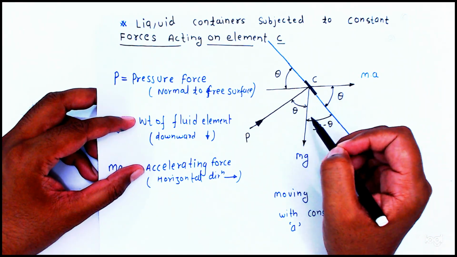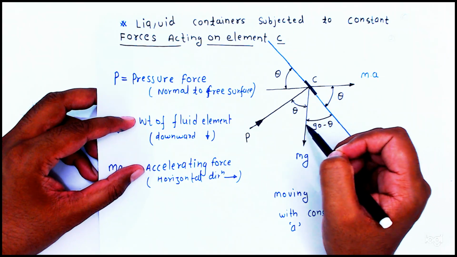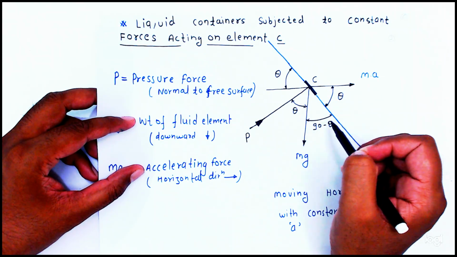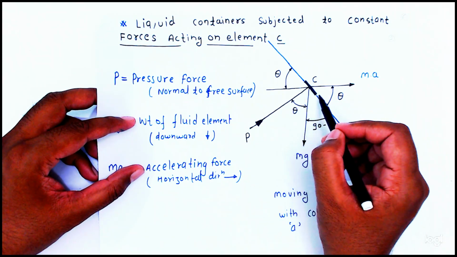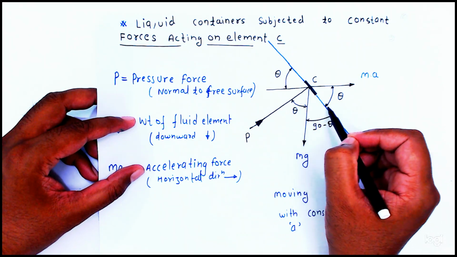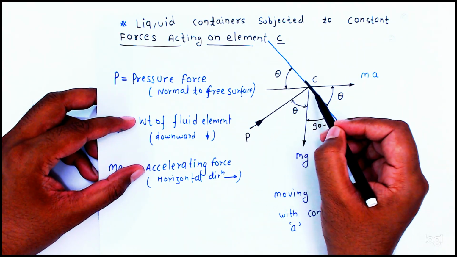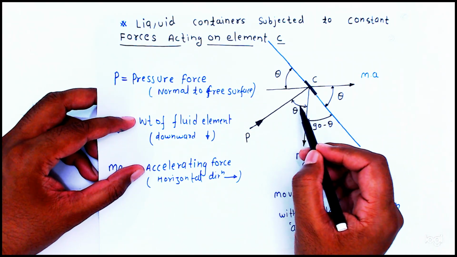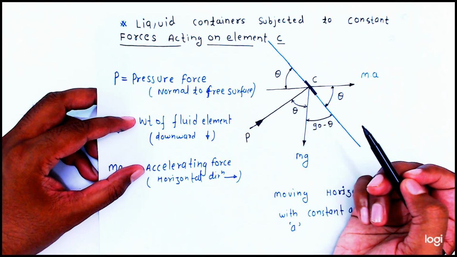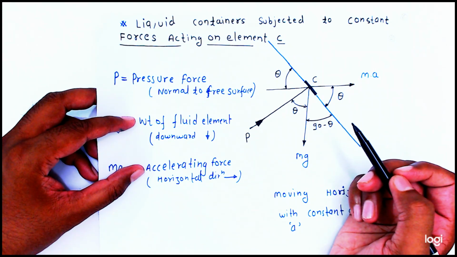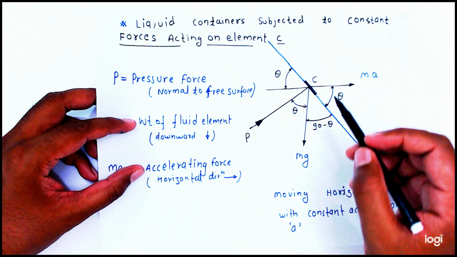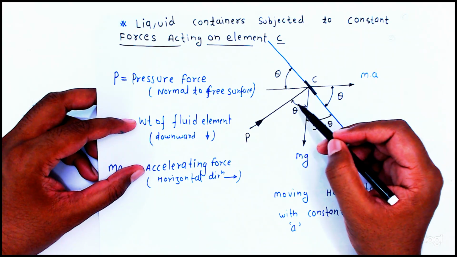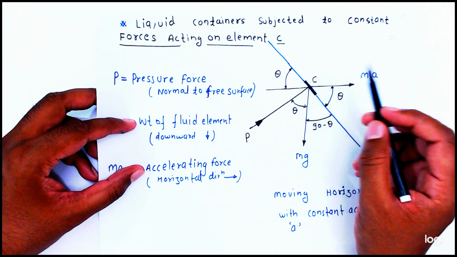So this is 90 degrees, so this is 90 minus theta, and here also this is normal to the free surface, so this angle is also 90 degrees, so here 90 minus theta, so what will come, theta will come here. Okay friends, now we will resolve these forces in vertical and horizontal direction.